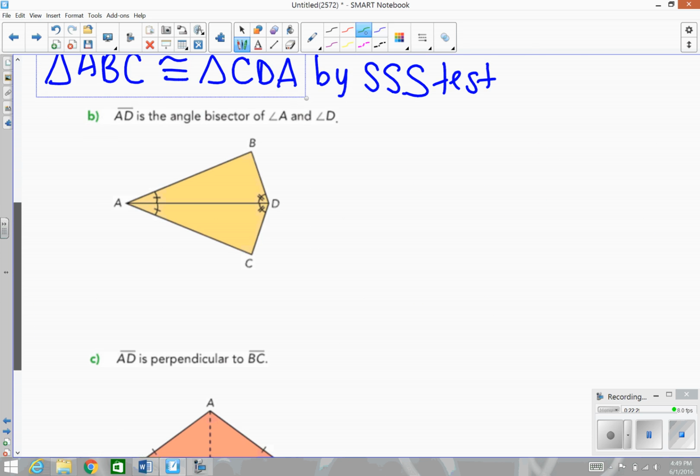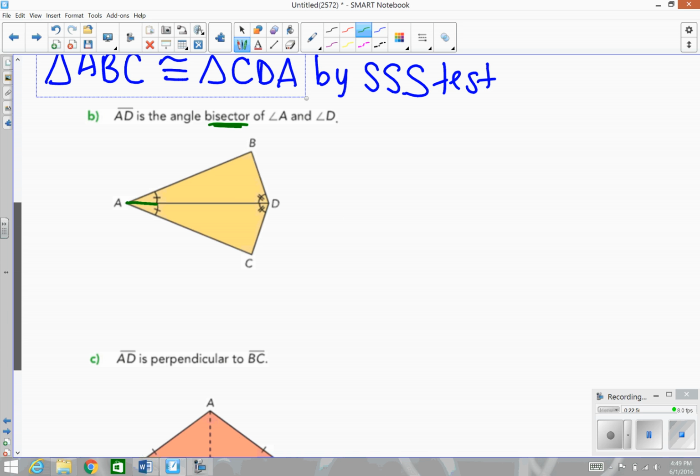Part B. Here we go. AD is the angle bisector. This is something you haven't seen much of, but an angle bisector cuts an angle in half. So it's the bisector of angle A and angle D. There's a couple things that we can notice.